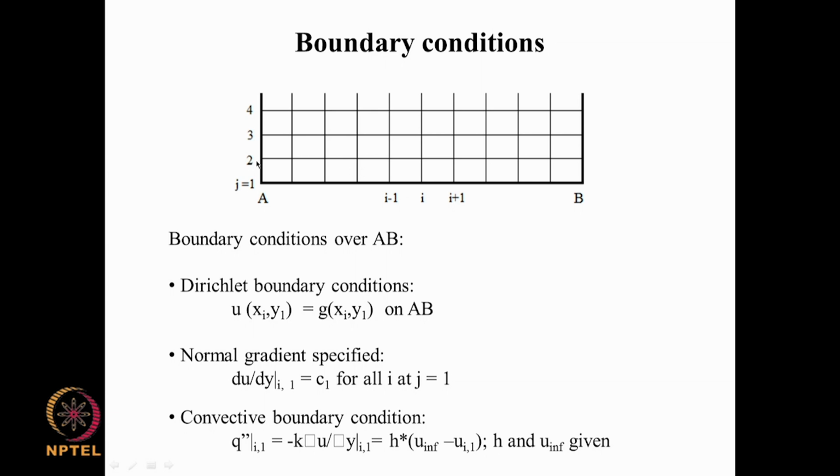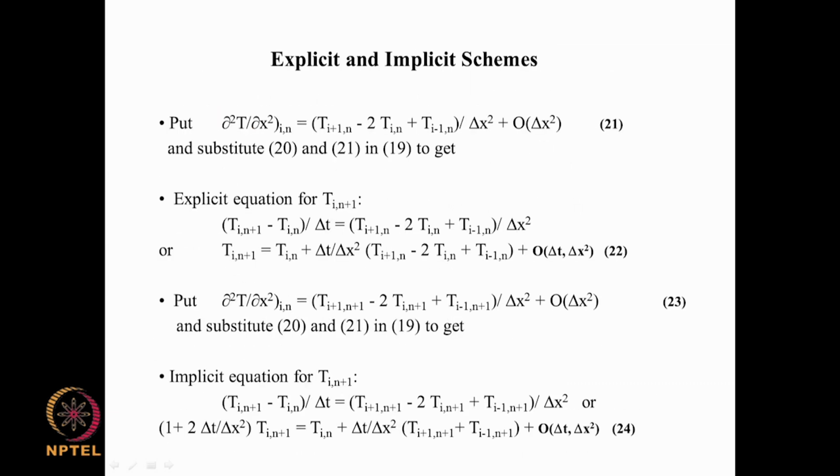Okay. At n equal to 2, I need to evaluate all the i values simultaneously by solving a set of algebraic equations which are given like this. Okay. So this is a tridiagonal equation form. We will come back to that at a later stage, but the evaluation of Ti^(n+1) in this particular case is given implicitly.